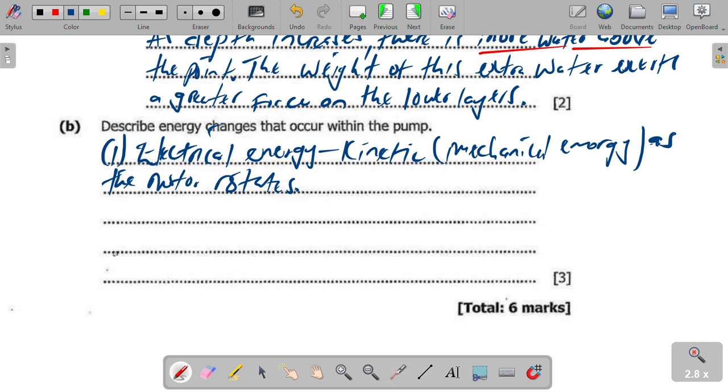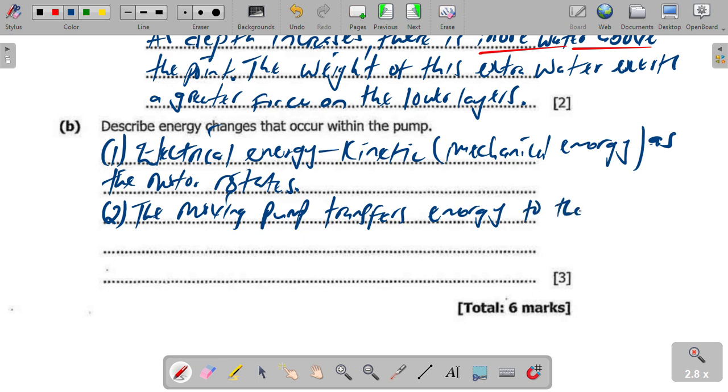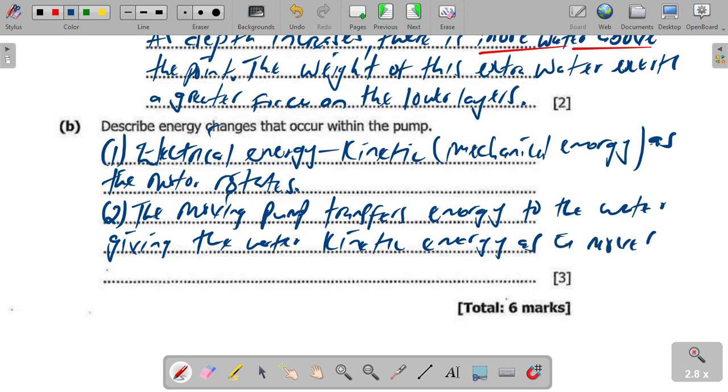Okay, second point. The moving pump transfers energy to the water, giving the water kinetic energy as it moves up.